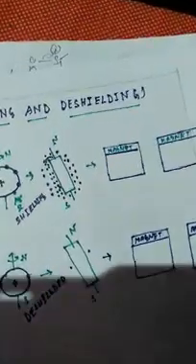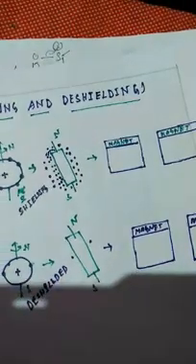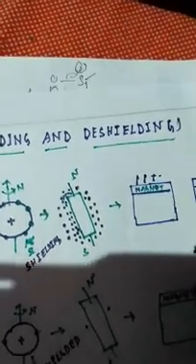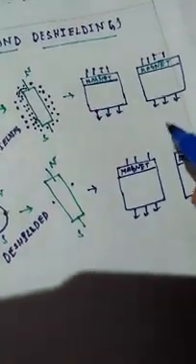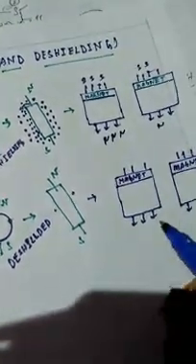So now this is the applied magnetic field, the direction of the applied magnetic field by using the NMR machine.